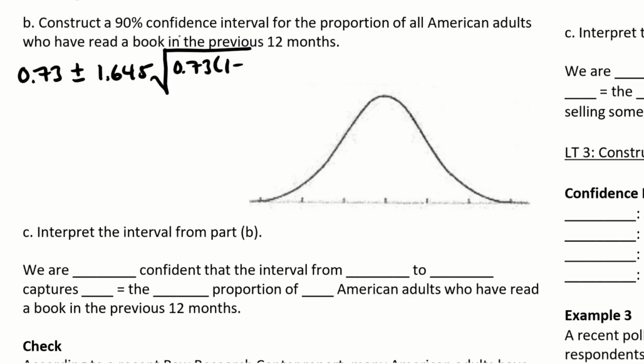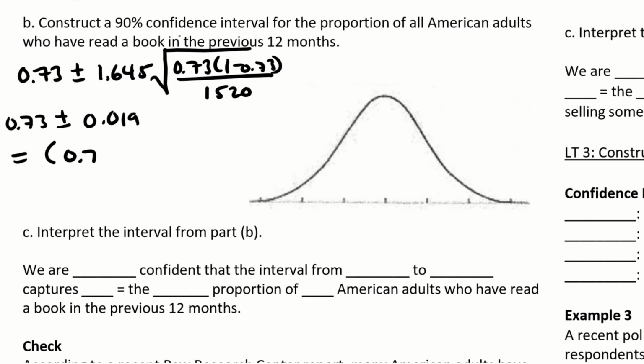And for n, it was 1,520 American adults that were chosen. So we get 0.73 plus or minus, we calculate this, and that gives us 0.019. And then we can add and subtract to get the confidence interval, 0.711 to 0.749.